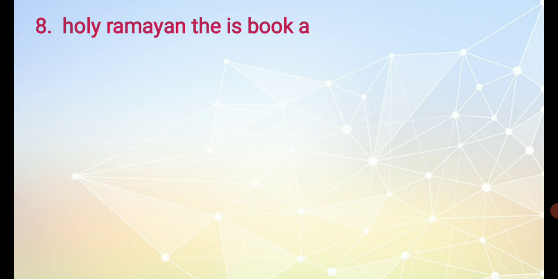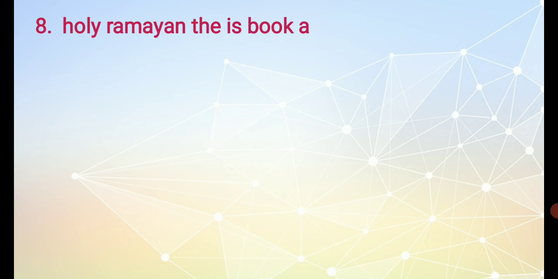Is there any name of a book in the sentence? Yes. What is the name? Yes, Ramayan. Now we have an idea that Ramayan is a holy book of Hindus. Then before Ramayan, what will we write? Yes, we will write "the." So what will be the first word of the sentence? The Ramayan.